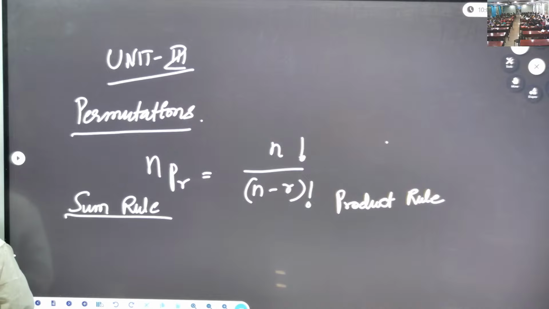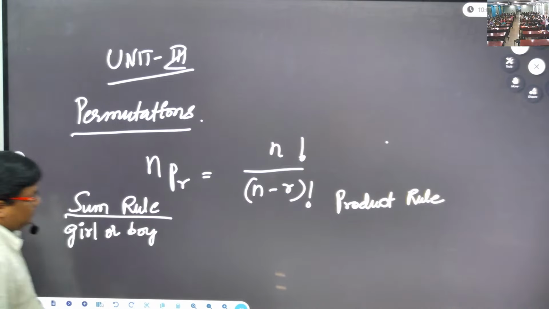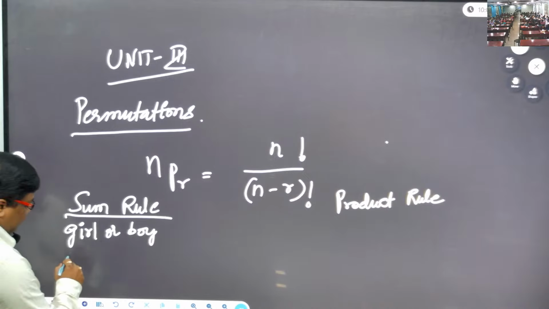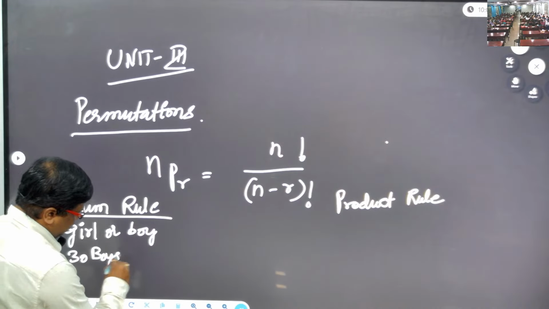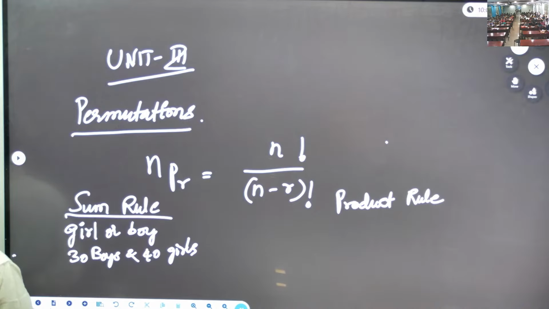How many ways can we select a girl or boy representative from the class of 30 boys and 40 girls? So this is one side.